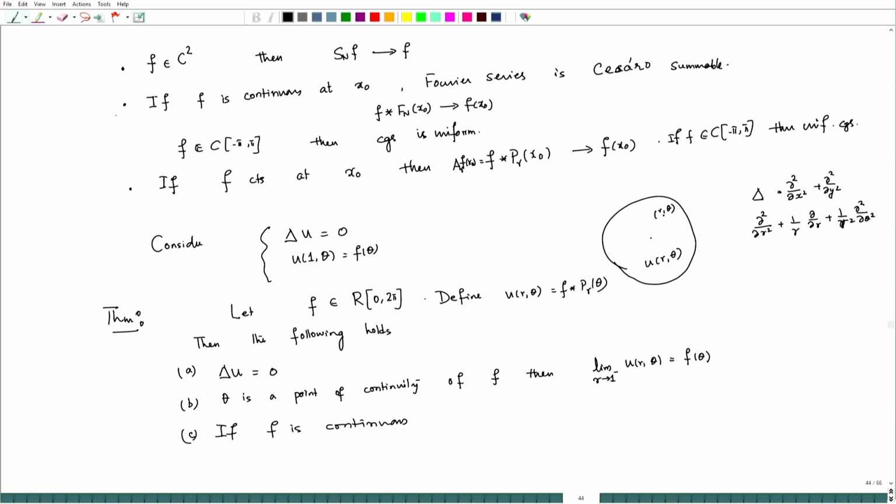So, if f is continuous, then u of r theta is the unique solution to the steady state equation.